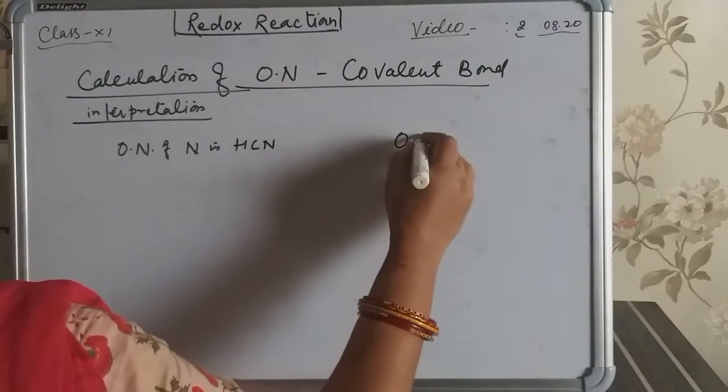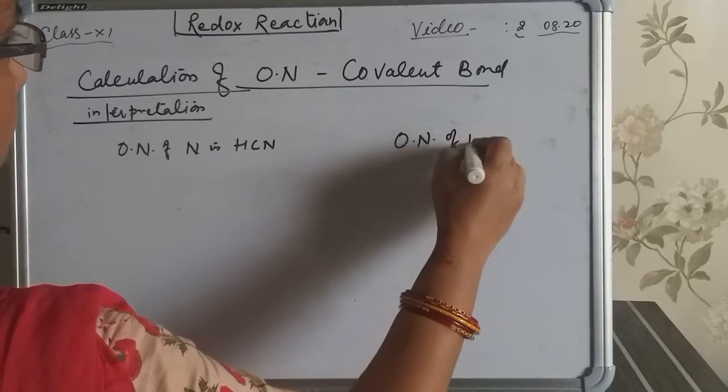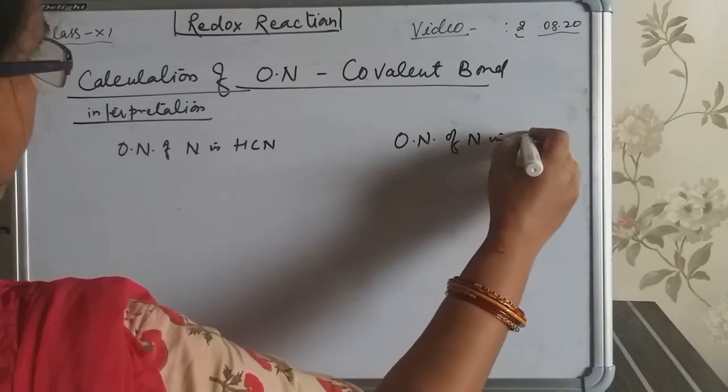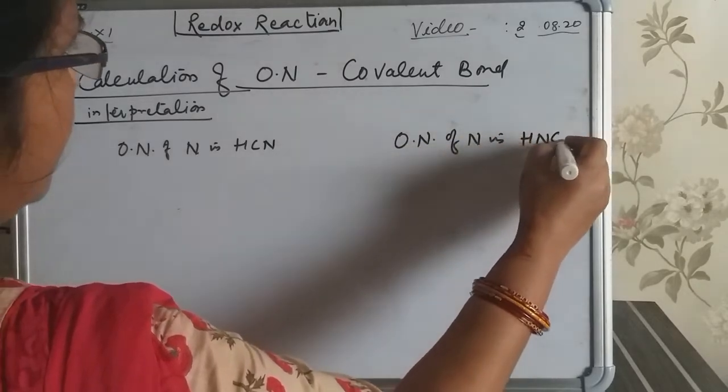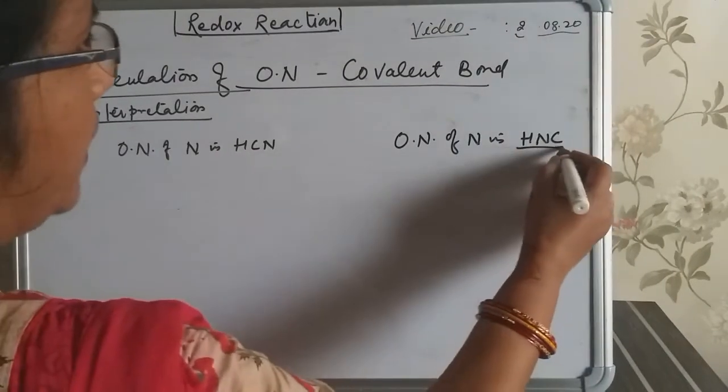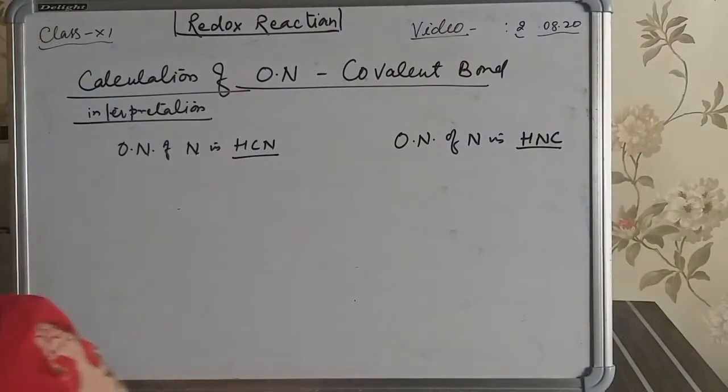One example is given here, and another example is to find the oxidation number of N in HNC. Hydrogen isocyanide and hydrogen cyanide.